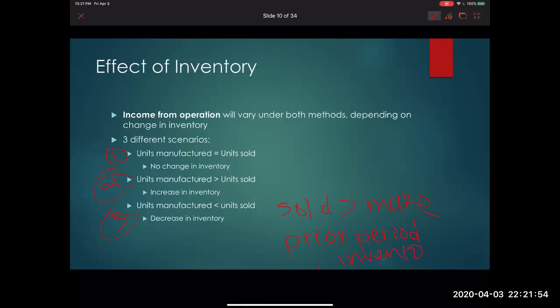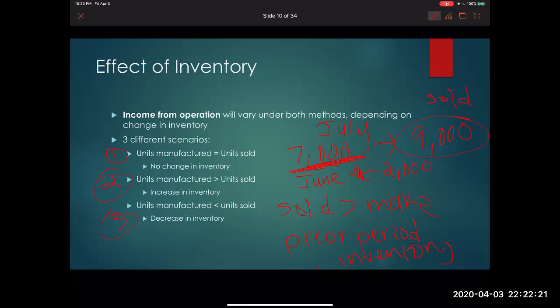So let's take, for instance, that you made 7,000 units in the month of July, but in that same month, you sold 9,000 units, where 2,000 of those units would have to be borrowed, or you're depleting some of maybe June's inventory, because again, you only made 7,000 units, but you sold 9,000 units, right?